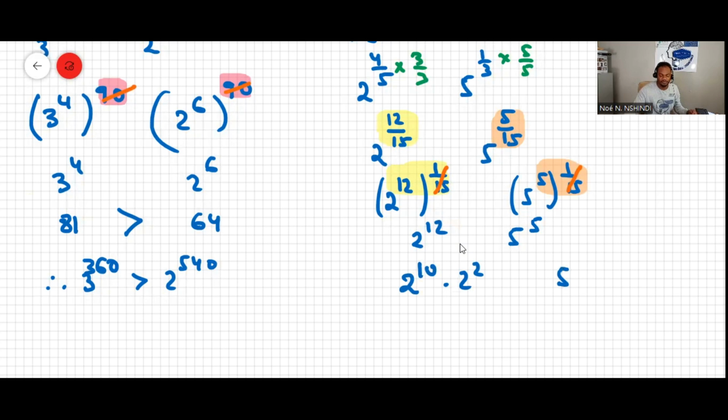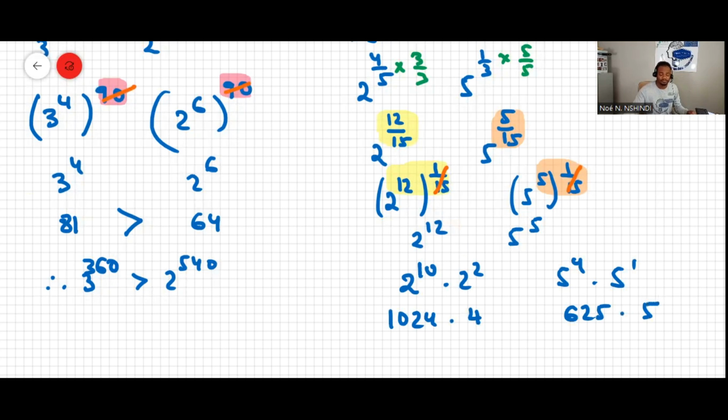Compare that to 5 to the 5, which is like 5 to the 4 times 5 to the 1. Because I know what 2 to the 10 is, someone else can say 2 to the 5 to get 32, and another 2 to the 5, and compare. This one is 1024 multiplied by 4, and this is 625, which is 5 to the 4, multiplied by 5.